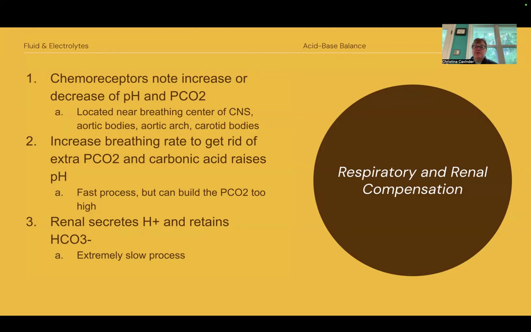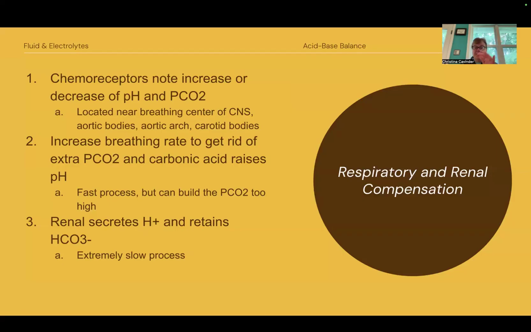Based on that, it will change your breathing rate. It will increase your breathing rate to get rid of extra CO2, and carbonic acid raises the pH. It's a very fast process, but remember it can build your CO2 as well.